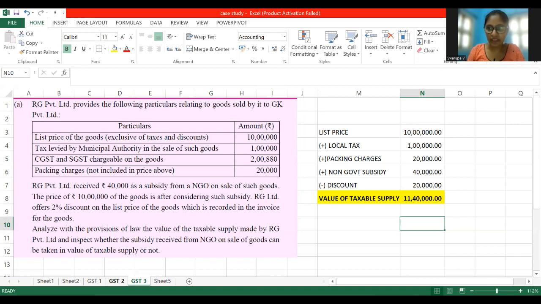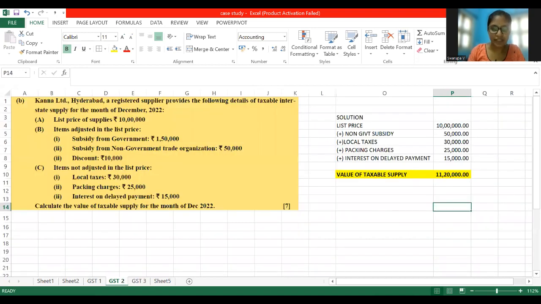And one more thing that we need to note when we approach a question is to read the question properly, because in question 2 and question 3 itself there is a small change. If you note here, items adjusted in list price, the discount is given. And hence, what did we do? This discount amount is already reduced from the list price. So we are not reducing it again.